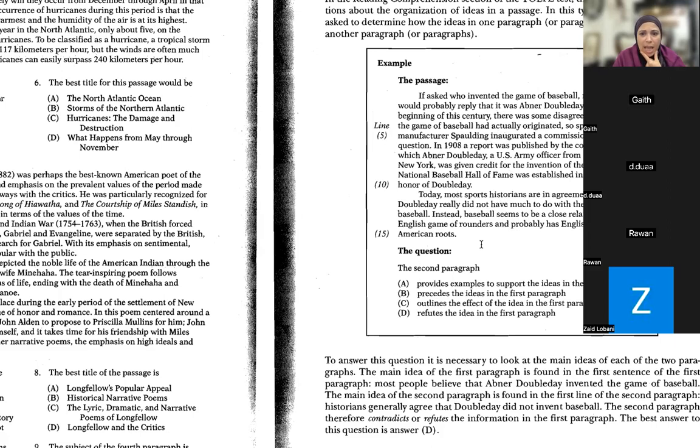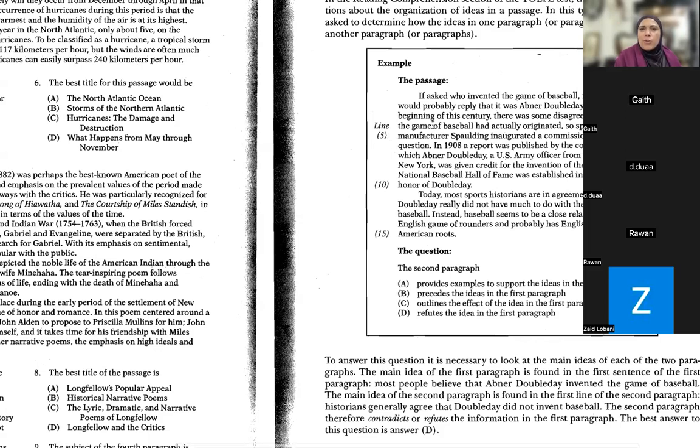Outline is like speaking about the same idea in a clearer way, in detail. Because look at the last option. The second paragraph refutes. Refutes means rejects, refuses, the idea in the first paragraph. Is that what happened? Yes, definitely, of course.